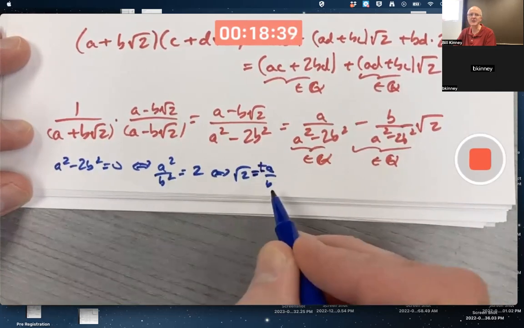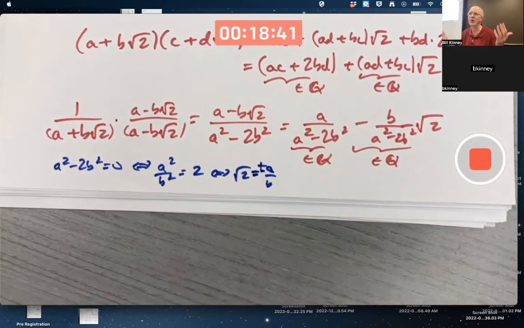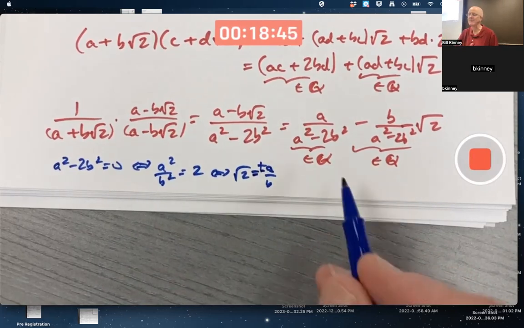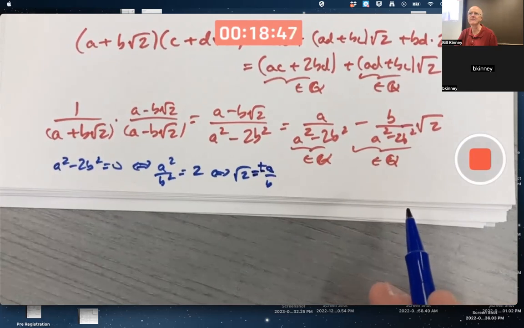And if a and b are rational, that would imply square root of 2 is rational. But again, we know square root of 2 is not rational. So that would be a contradiction. So no, we would not be dividing by 0 here. Okay.